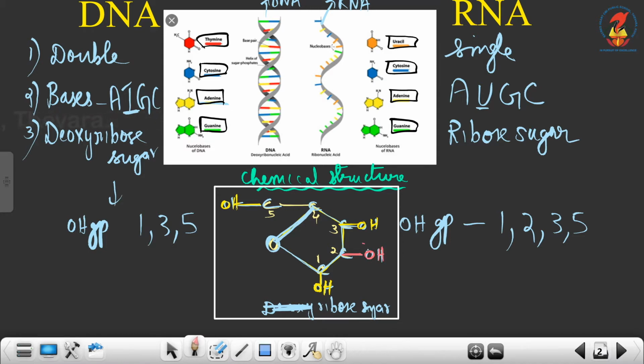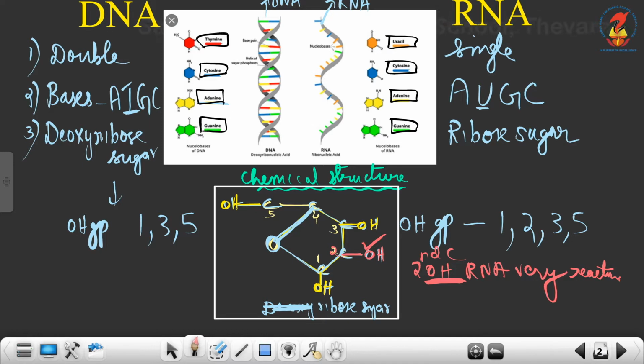And because of this additional hydroxyl group connected at 2, it makes RNA very reactive. One reason why RNA is very reactive is because of the extra hydroxyl group attached to the second carbon of the ribose sugar.